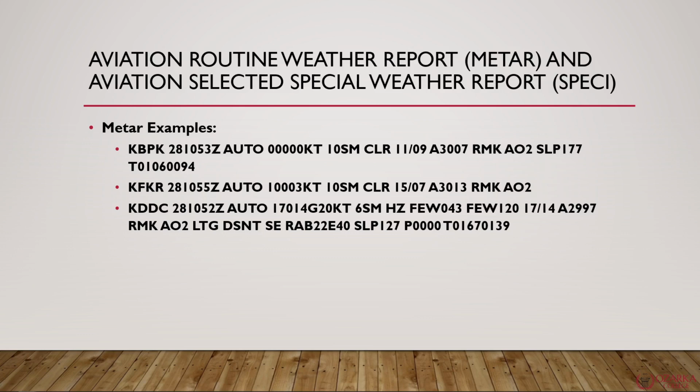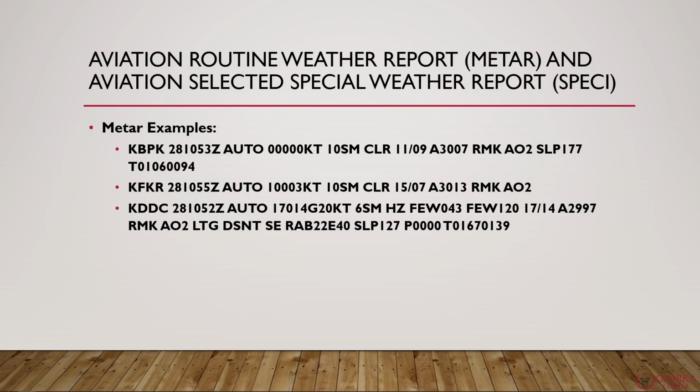The altimeter is 29.7. Remarks. This is a precipitation discriminating reporting station. Lightning is present distant southeast. The rain began 22 minutes past the hour and ended 40 minutes past the hour. Or otherwise, the rain began at 10:22 Zulu and ended at 10:40 Zulu.